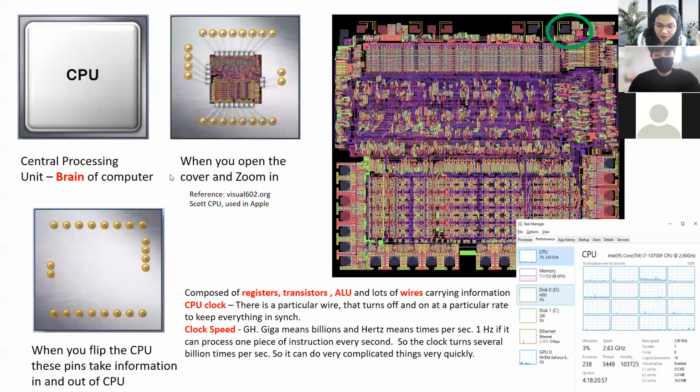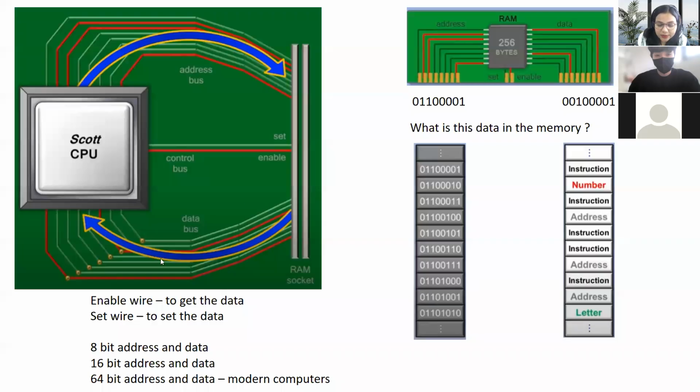And then we learned internally how the CPU actually looks and does things. So the CPU has all these buses attached to it: an address bus, a data bus, and a control bus attached to the RAM socket. This is your RAM, and you put that RAM in here. The address bus gives the address, which location in this RAM you have to get the data from.